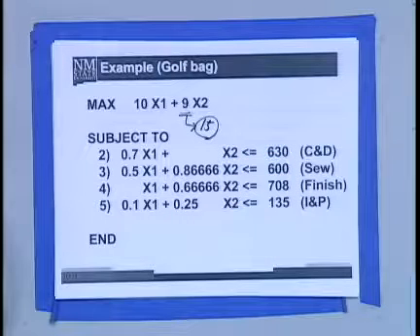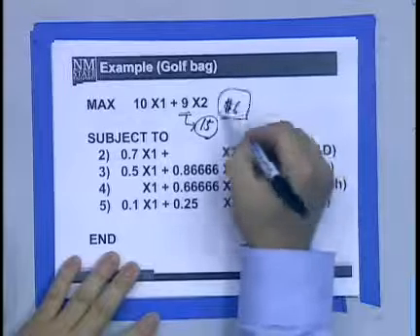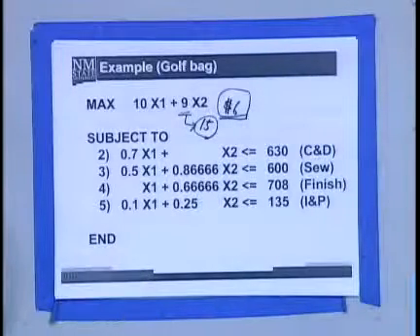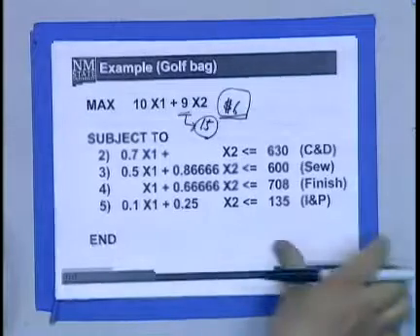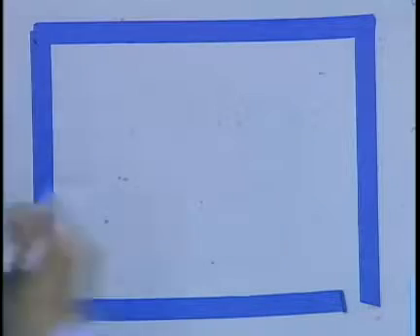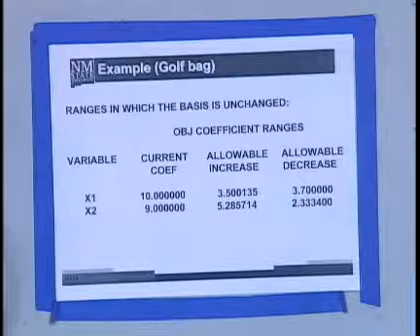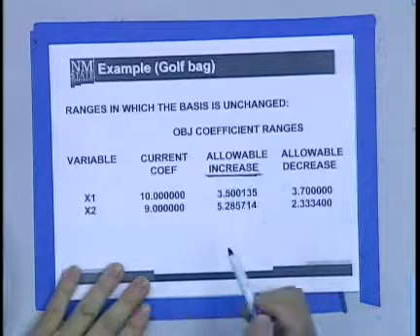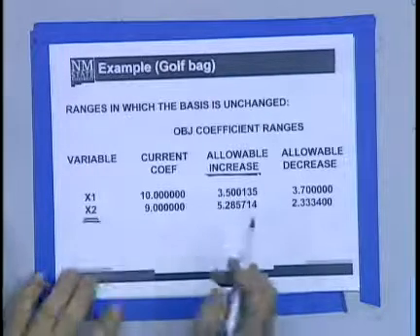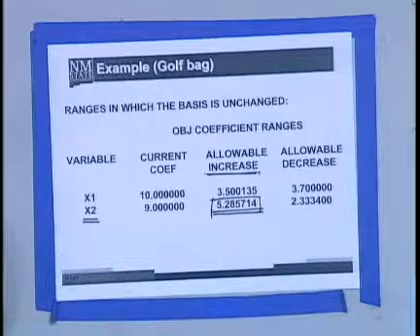Which is an increment of $6, right? And that is the objective coefficient of the x2 variable. And according to our Lindo report, the allowable increase of x2 variable is 5.285714.